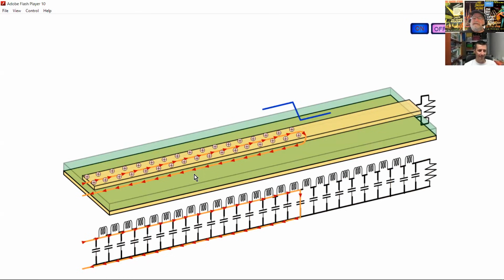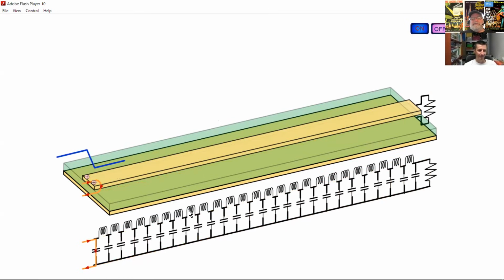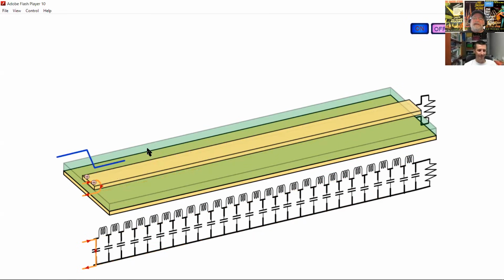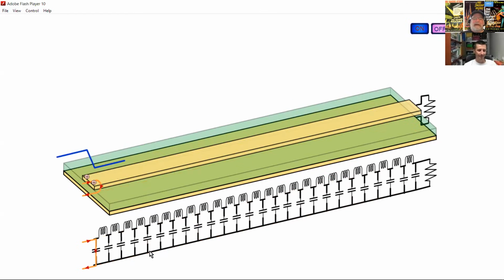And so I show this model underneath, the LC model, only to illustrate the two different ways of thinking about a transmission line. This is not necessarily a great way of thinking about how a signal propagates on a transmission line.